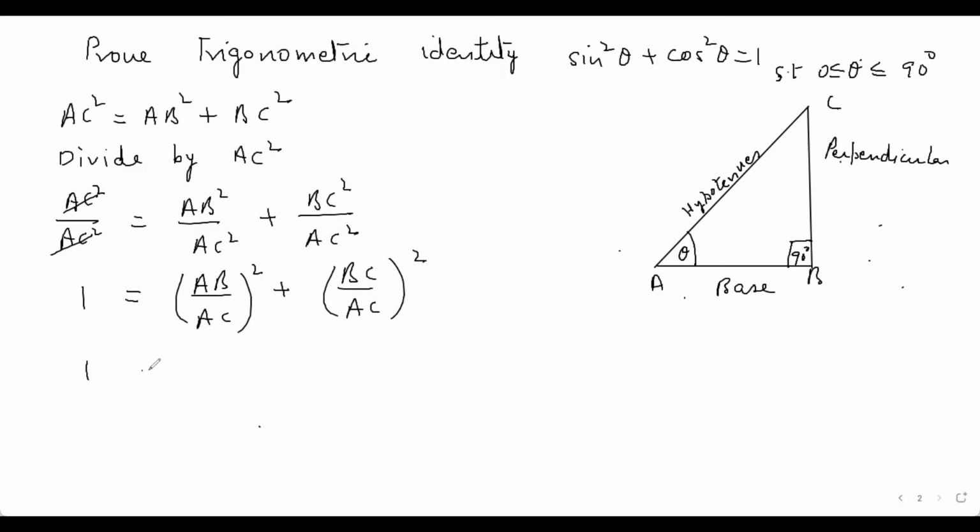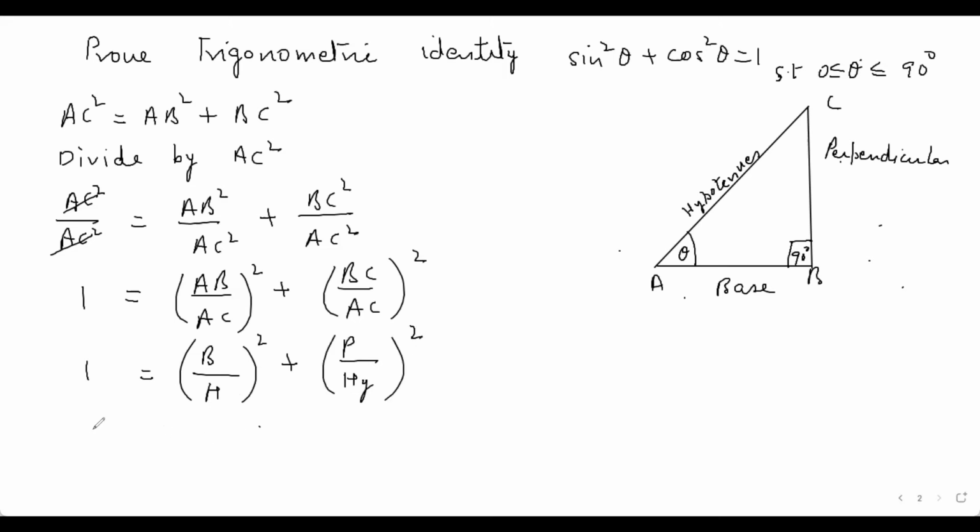Now this is AB is what? Base upon hypotenuse and whole square. BC is perpendicular. AC is hypotenuse whole square.